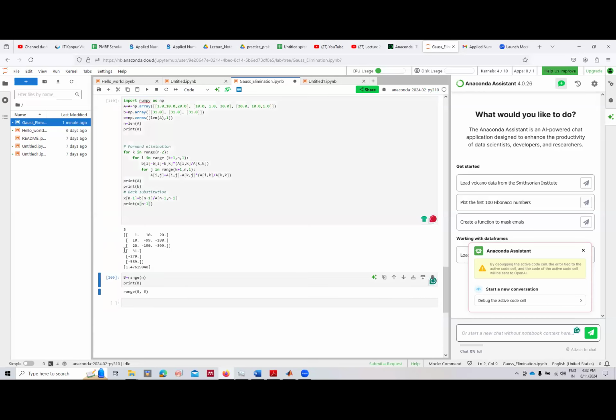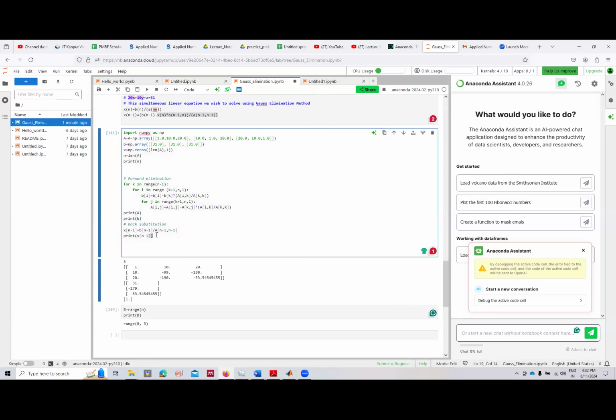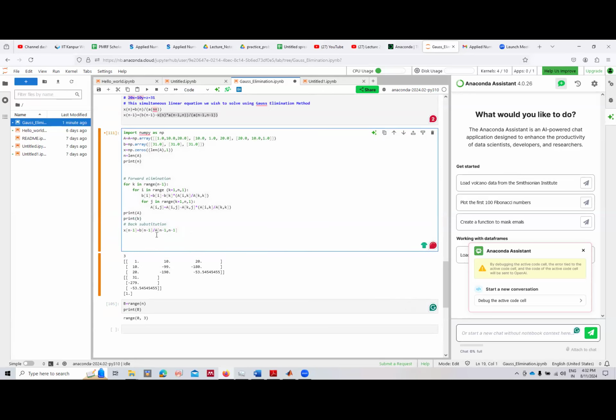Just enter. Now for the other terms, n minus 1, n minus 2, n minus 3, I need to find them.